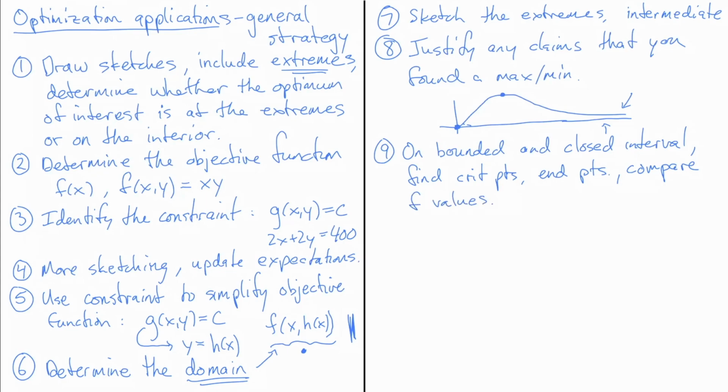So plug all your critical points into the objective function, plug in your endpoints, and pick the smallest or largest, depending on which you're looking for, mins or maxes.